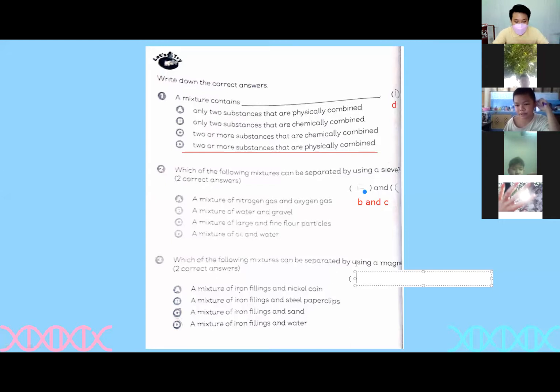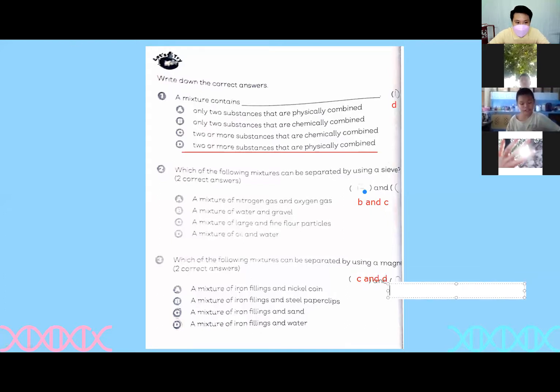So the answer here is C and D. Understand? C and D. Write your answer or your answers on your notebook, on your book.